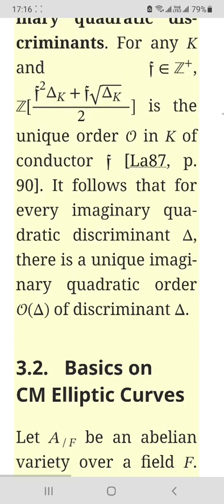For any K and for every f in Z_+, that is, integer bigger than 0, Z[f delta_K plus f square root of delta_K, divided by 2] is the unique order O in K of conductor f.